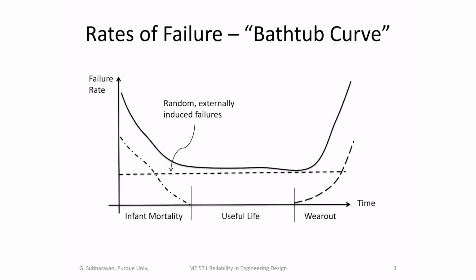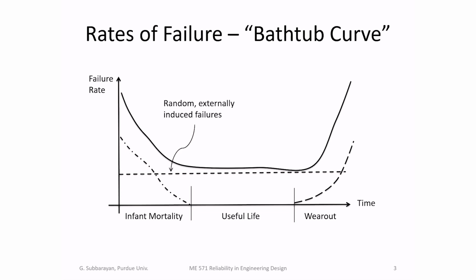In terms of how product failures occur over time, for most products, empirically, we observe that there are three phases in the life of a product. Most engineered products have three phases. The first phase has a decreasing failure rate, and that's the portion that we call infant mortality or early failures.